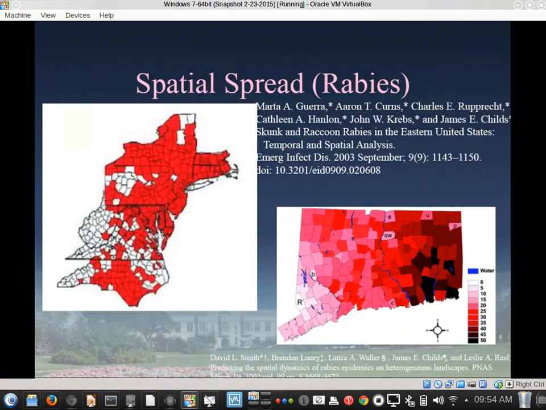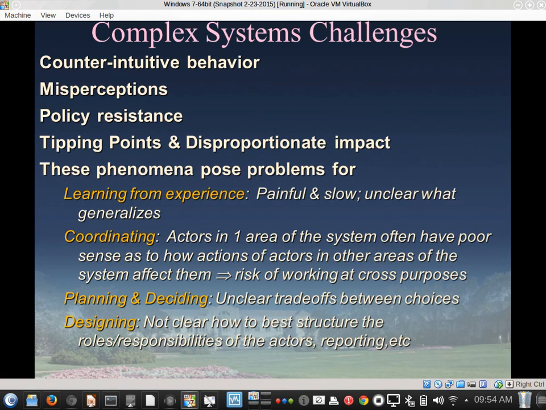And I'm going to skip forward here because time is short. But when we're dealing with these complex systems, I've been talking about their difficult aspects. And what's really important is that these things like path dependence and the coupled nature of the child and caregiver, the tipping points that are associated with systems, the heterogeneity that we see, these are not merely intellectually of interest.